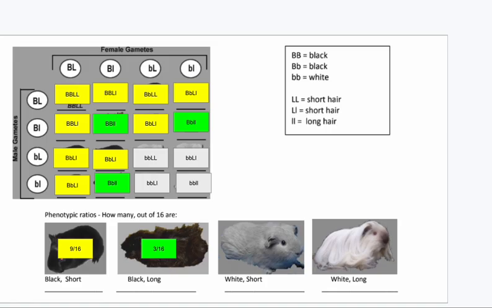Then we need to calculate white with short fur. We're going to have 3 out of 16. Again, white is going to be homozygous recessive, and short fur is going to be homozygous dominant or heterozygous for that hair length genotype. So in this example, we have 3 out of 16. And then finally, white with long fur is going to be homozygous recessive for both hair color and hair length. We've only got 1 of those, so 1 out of 16.